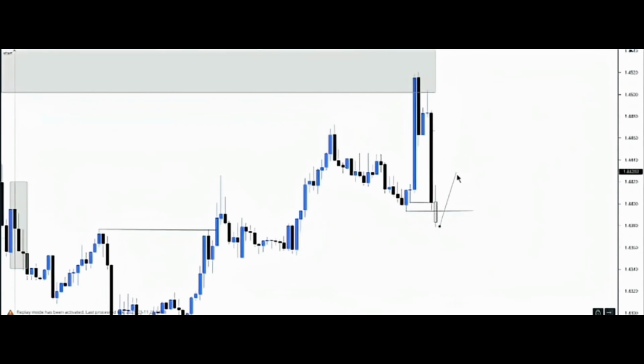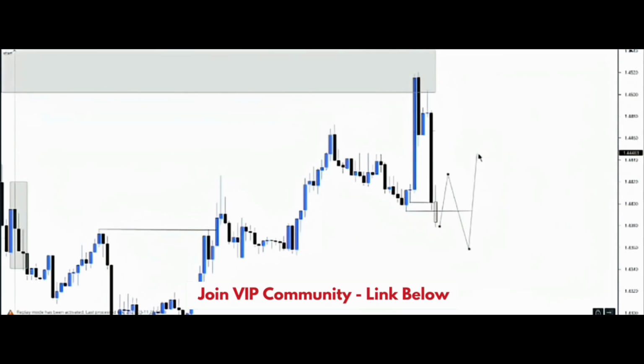When price retraces and then comes back down again to take out this low before it will go back up to take out this inducement. Without this retracement on the higher time frame, you cannot get inducement, and you need inducement to be able to enter your trade going short, both on your higher time frame and on your lower time frame.